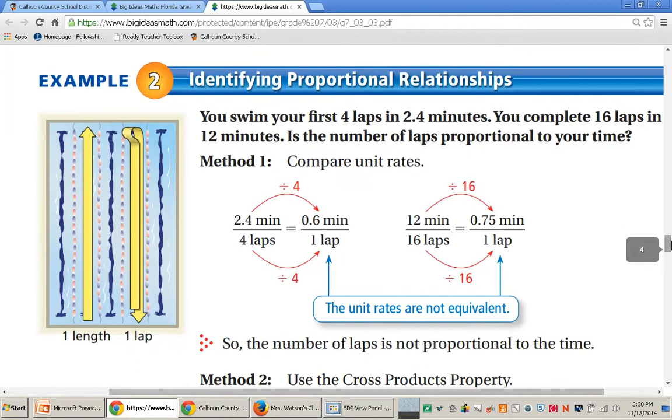So you swim your first 4 laps in 2.4 minutes. You complete 16 laps in 12 minutes. Is the number of laps proportional to your time? Okay, so my ratios are going to be 2.4 minutes over 4 laps, and 12 minutes over 16 laps.